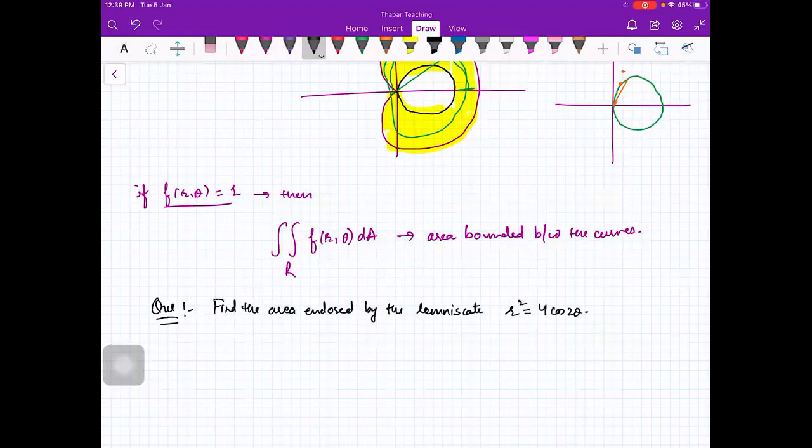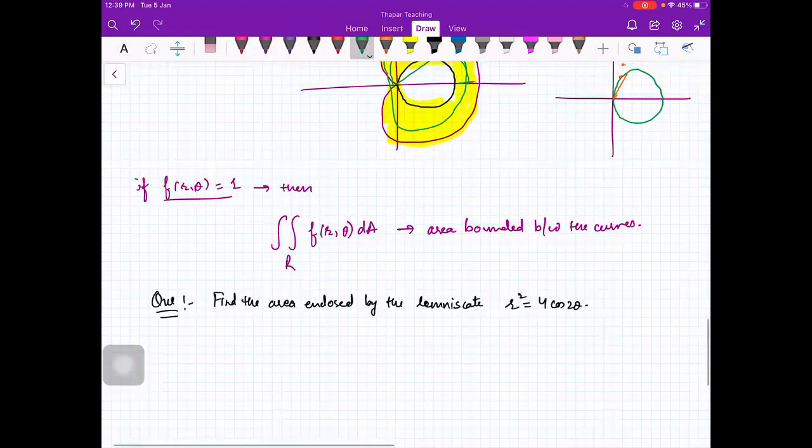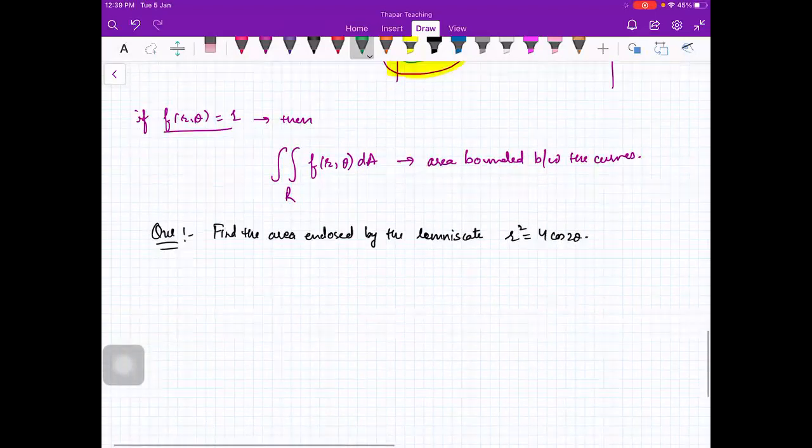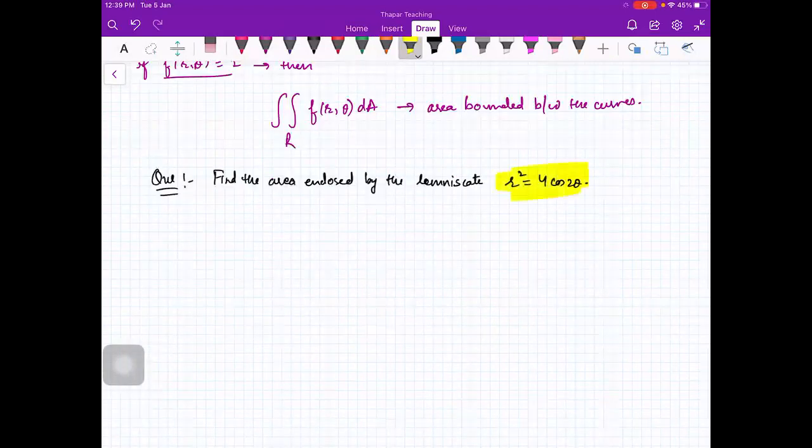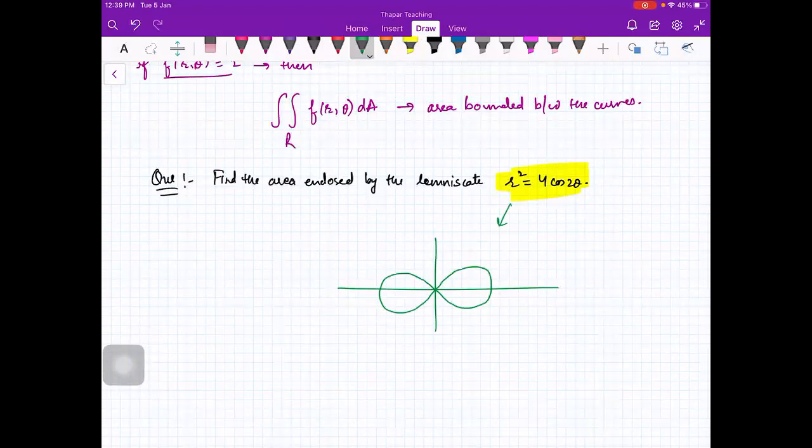So you see, it is very important that you know how to plot. If you have already plotted this curve, as I have asked you people, then it is okay. If not, let me tell you, this curve looks like this. r square is equal to 4 cos 2 theta. And here, this angle is pi by 4.